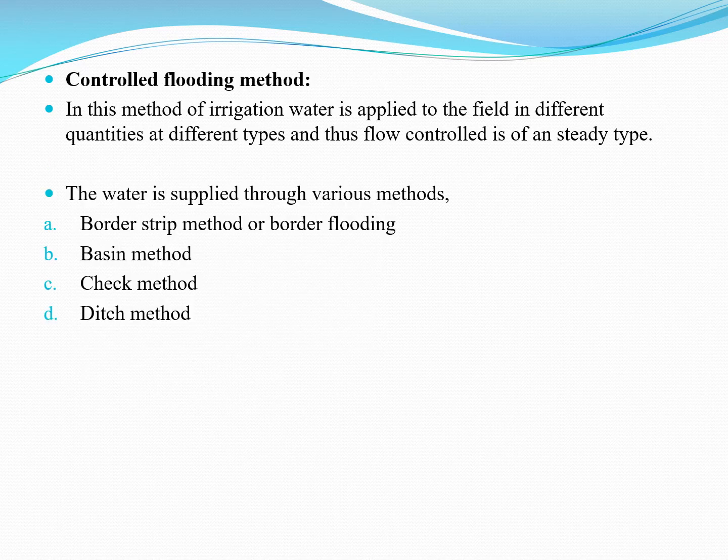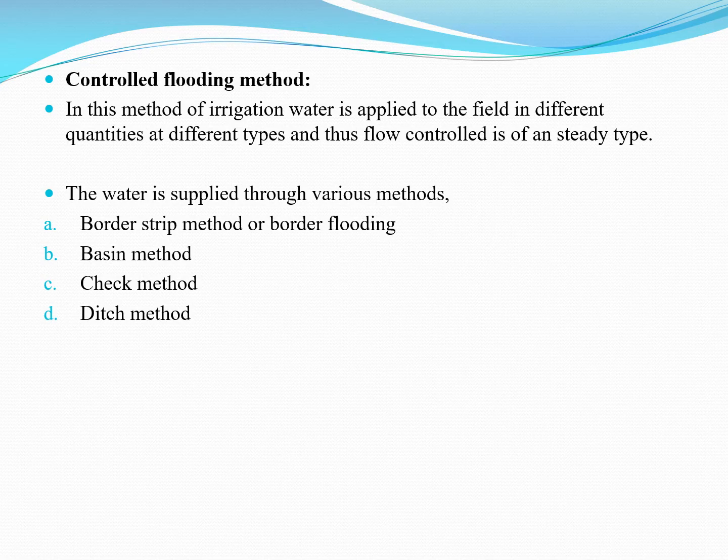Next is the controlled flooding method. In this method, the irrigation water is applied to the field in different quantities at different times, and thus the flow control is of a steady type.